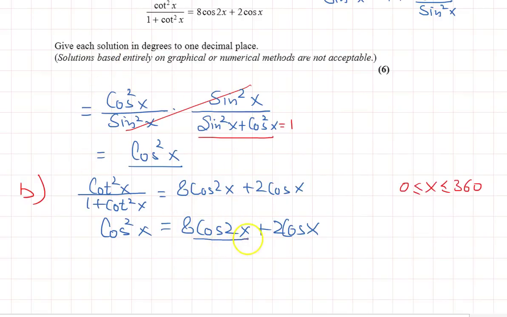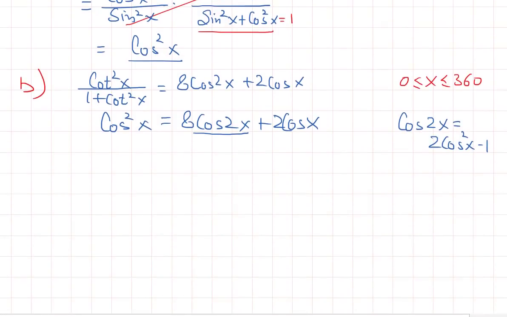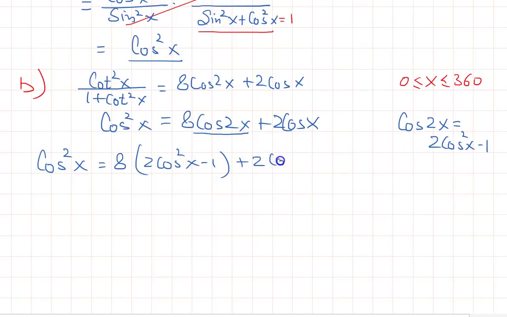Now this is a double angle and this is a single angle, so we know that cos 2x is equal to 2 cos square x minus 1. So let's put this value here. So cos square x is equal to 8 times 2 cos square x minus 1, plus 2 cos x.